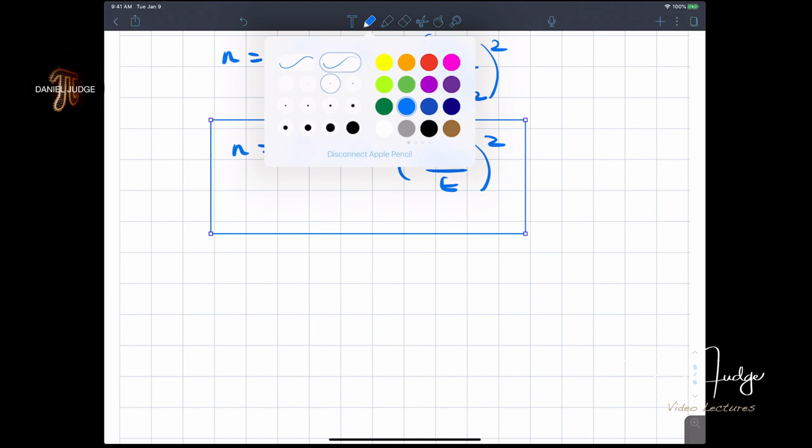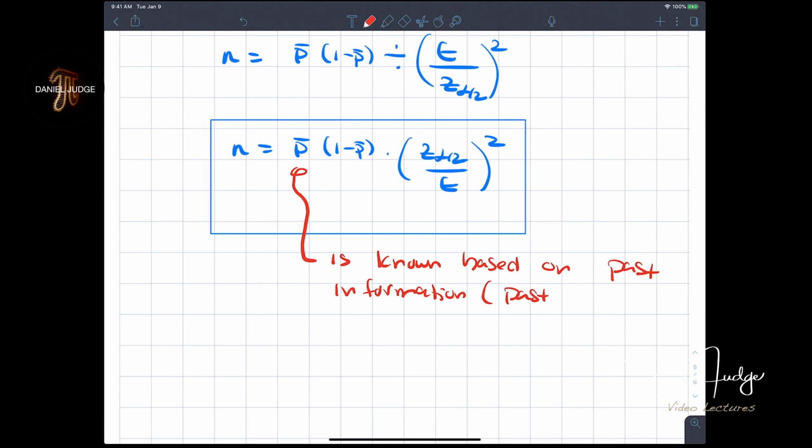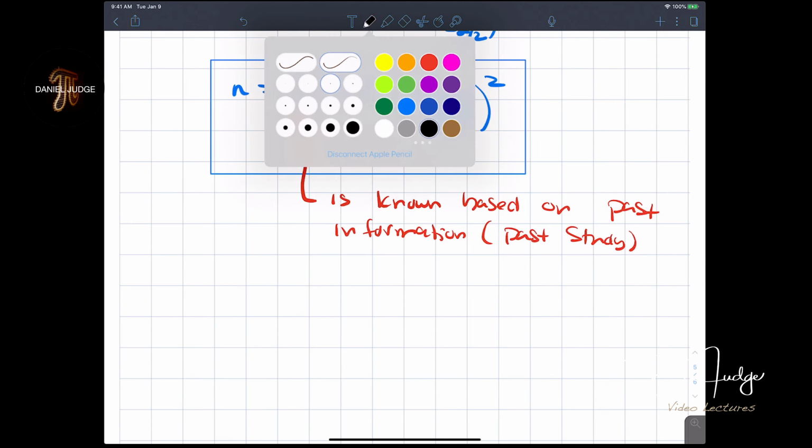You're going to use this version when it's based on the past. This value is known based on past information, maybe a past study. Now, you say, well, what happens when it's not known?